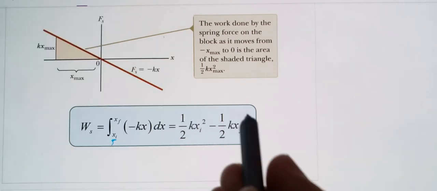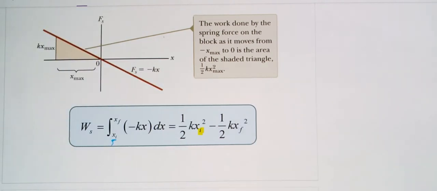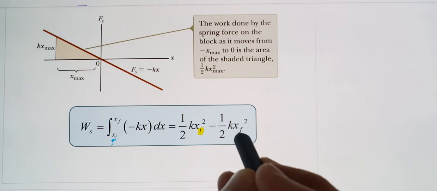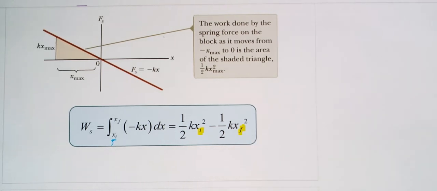Now pay attention that here we have x initial and x final because we have a minus sign. The work done by the spring is half kx initial squared minus half kx final squared.